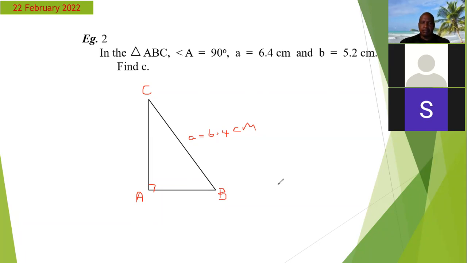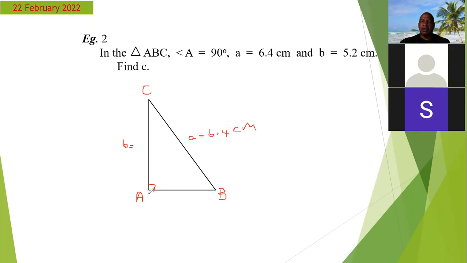So common B will be right between C and A, sir. Okay. So that will be 5.2. All right, so the side CA, because you can call this based on their vertices too as well.